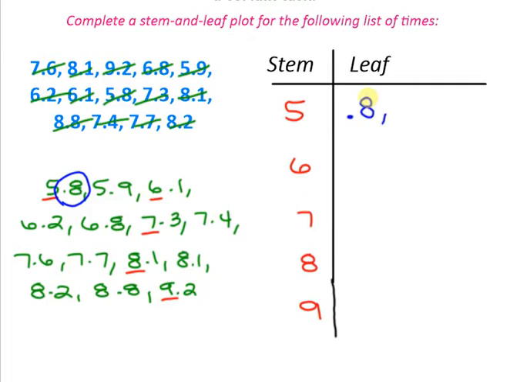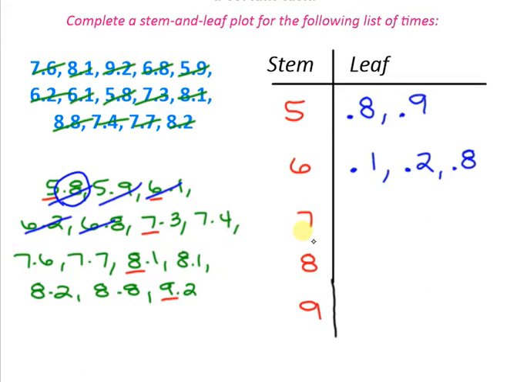0.8, comma, 0.9. So we did those. Now we're going to move down to the sixes. 0.1, 0.2, 0.8.